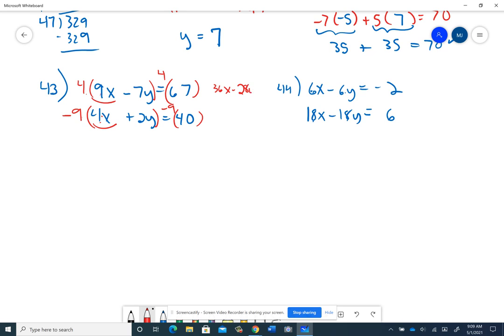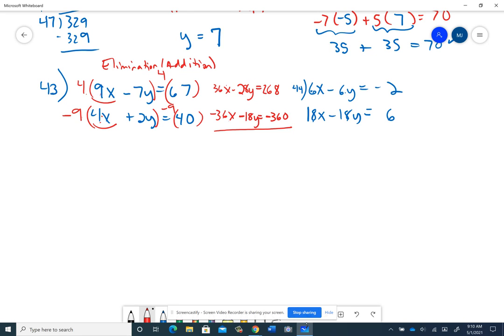minus 28Y, equals 4 times that. So that's 268, I think. Okay, and then the bottom one becomes -36X minus 18Y equals -360. Okay, here's where we're using elimination, the addition method, right? This is where the addition comes in.